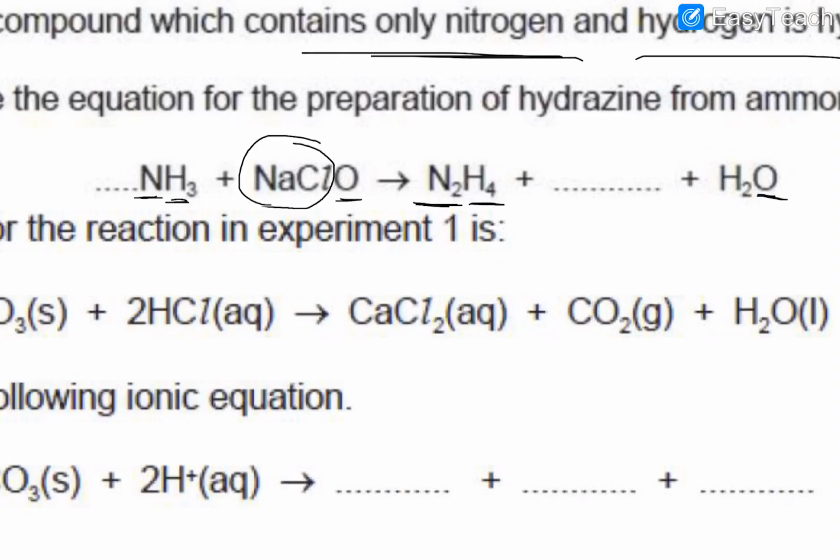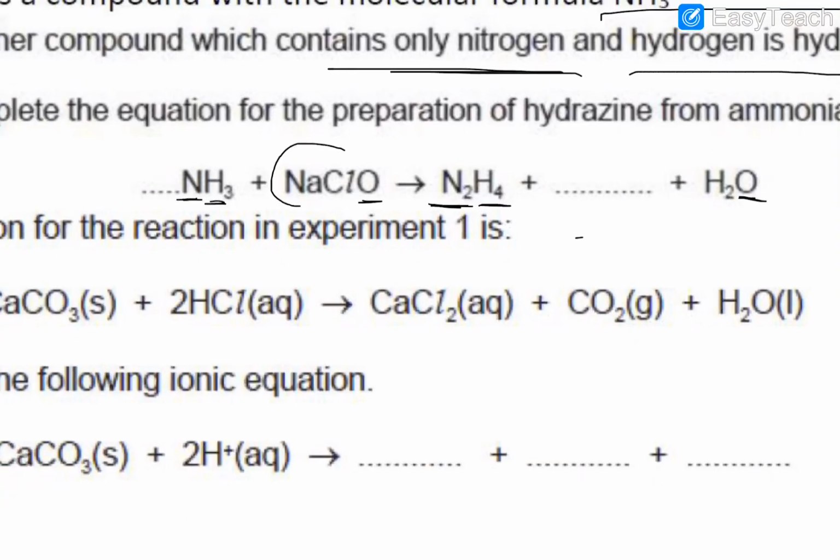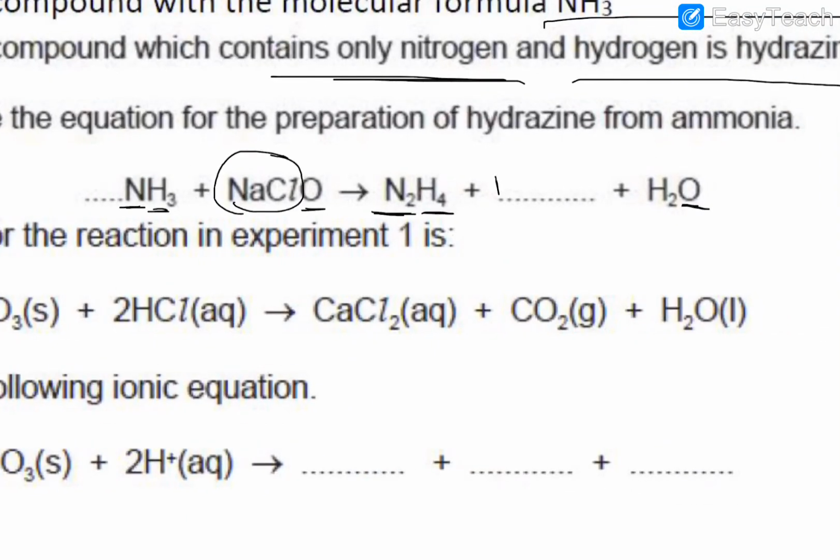And sodium and chlorine, well, the only thing that we can think of that it can produce is NaCl, because there's just one dash here, which means it's only one substance, one compound.